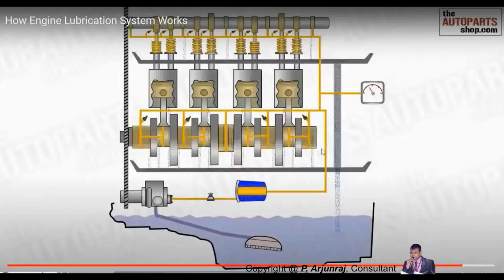And when the engine is running at high RPM, even though you are using the oil as a cooling medium, since you are recirculating the same oil which comes downward from here, the temperature of this oil is also going to be higher.